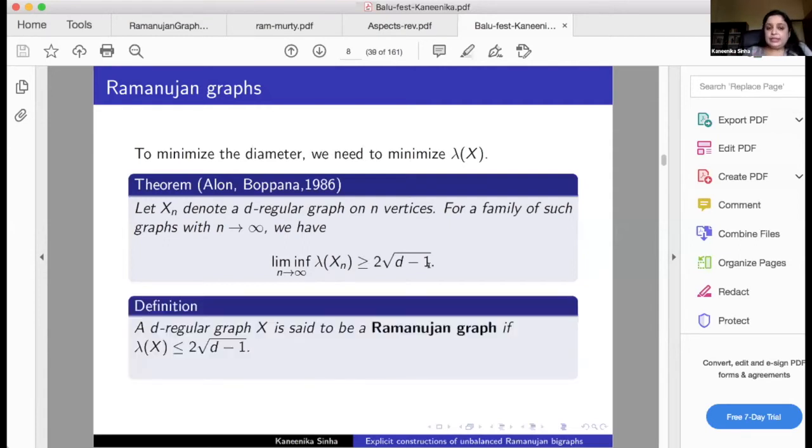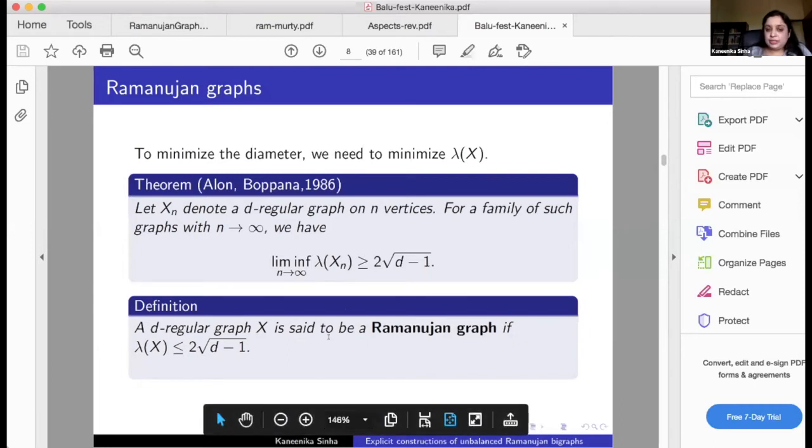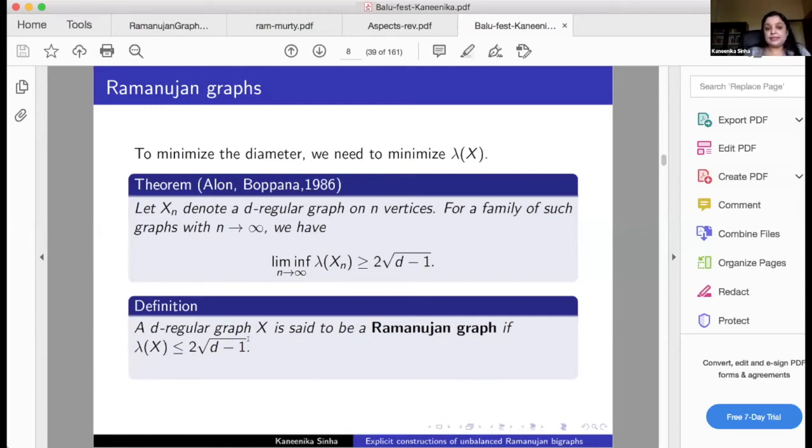And in particular, a d-regular graph X is said to be a Ramanujan graph if lambda of X is less than or equal to 2 times the square root of d minus 1. So this represents the optimal situation with respect to lambda of X derived from the Alon-Boppana bound.